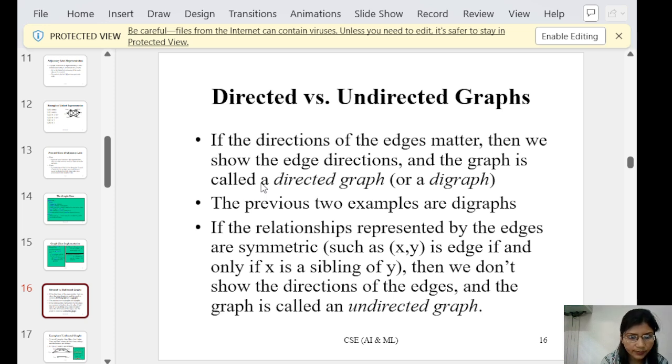If the relationship represented by the edges is symmetric, such as (x, y) is an edge if and only if x is a sibling of y, then we don't show the directions of the edges, and the graph is called undirected.